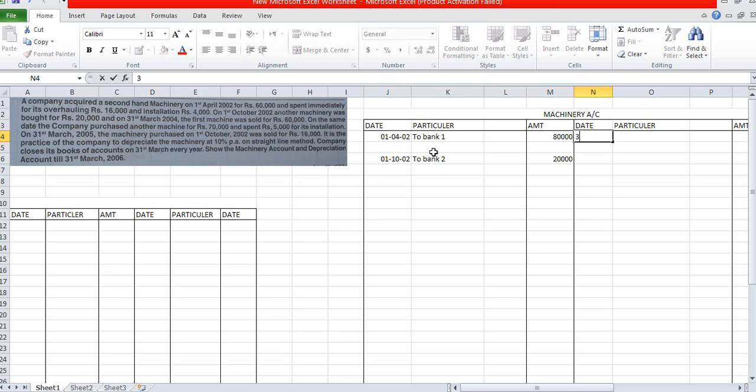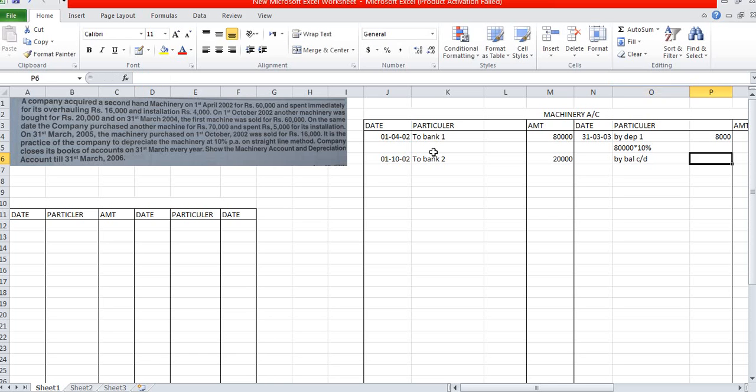Okay, 31st March 2003, means next year, by depreciation for first machine is 8,000. 80,000 into 10%, 8,000, and by balance carried down.